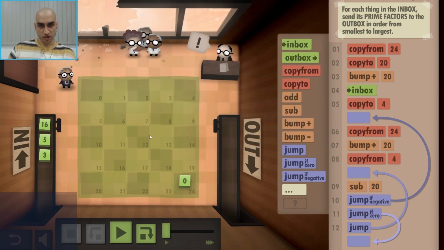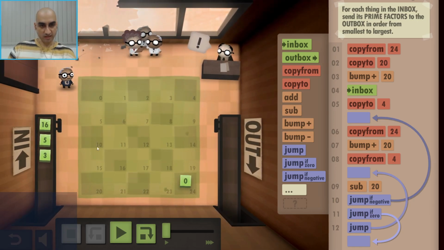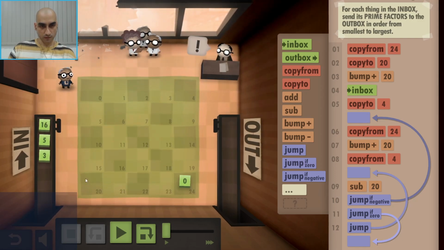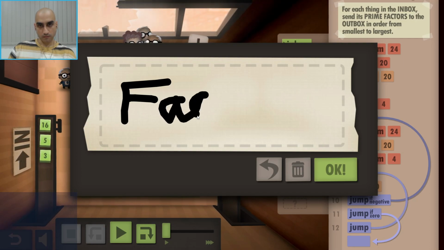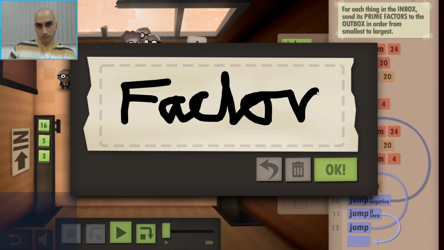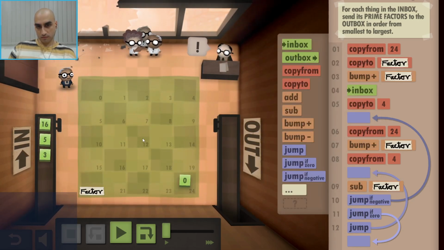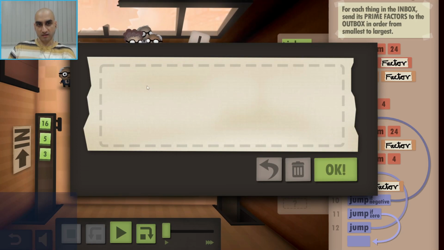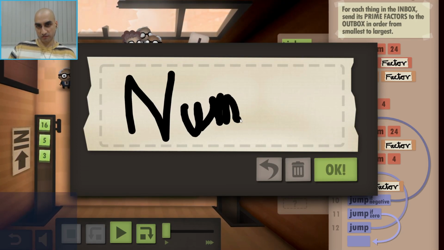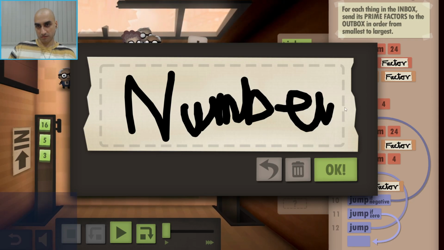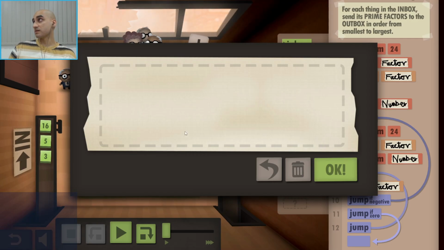What number, what space shall I use? I should probably start using labels. Factor is the factor. Number is our number, most generic way to describe it.